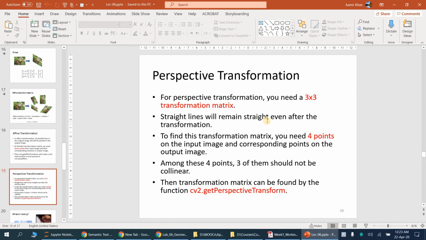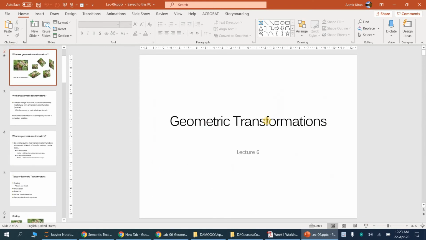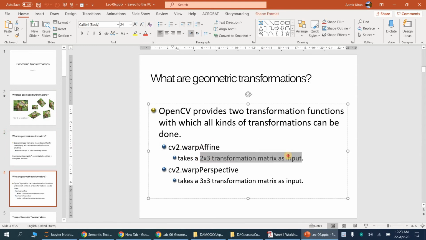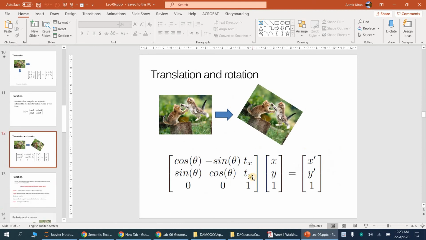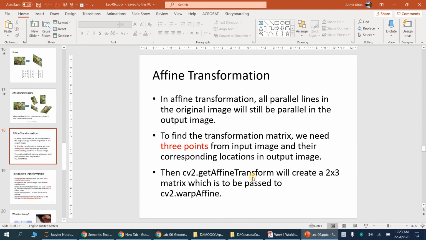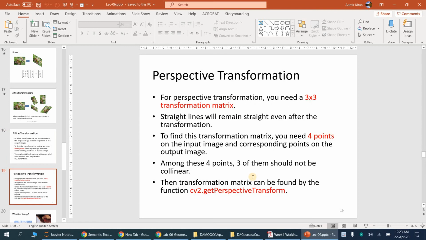Okay. So remember at the start of the course, we mentioned somewhere that affine transform, warp affine, takes a 2 by 3 transformation matrix, whereas warp perspective takes a 3 by 3 matrix. So warp perspective is the one that we will be using finally to solve our problems.